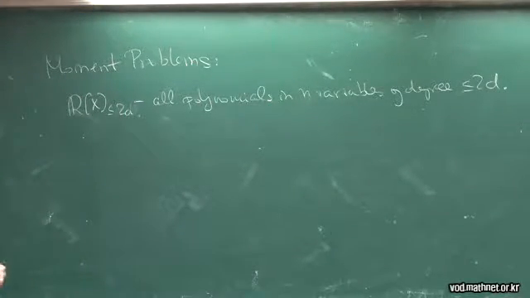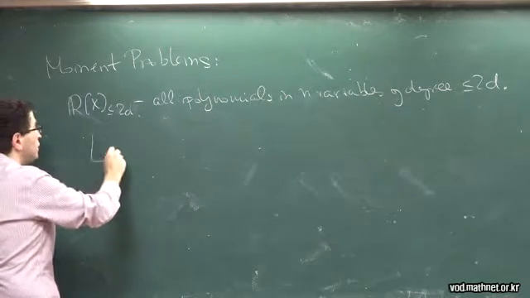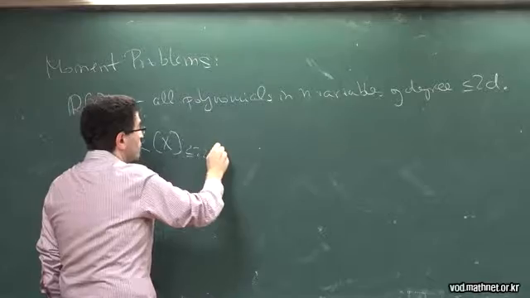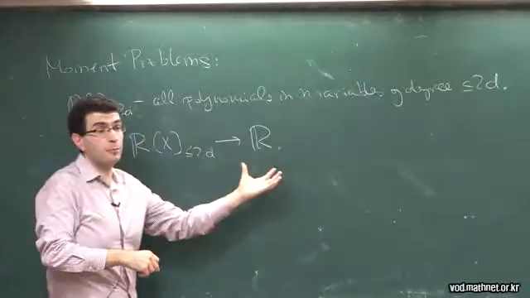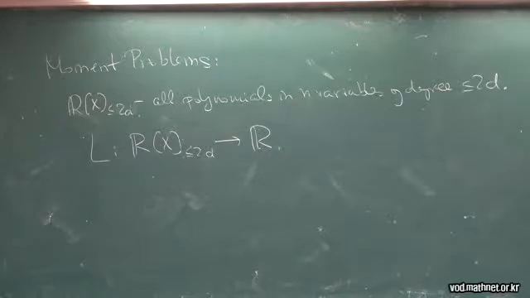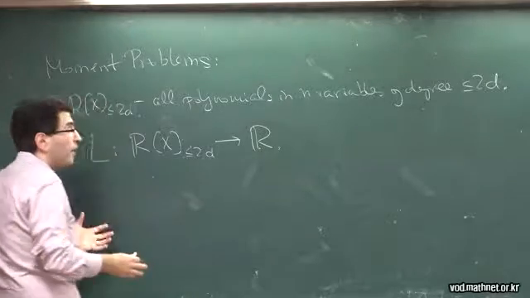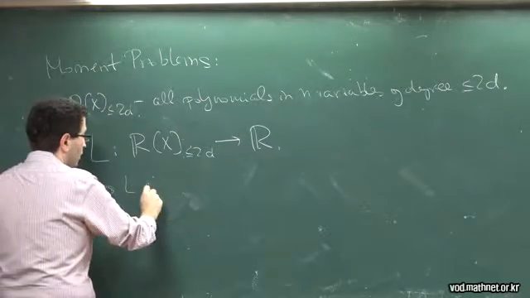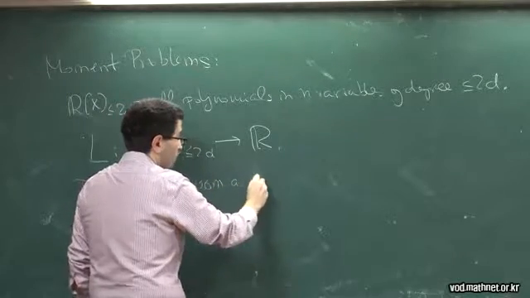Okay. So now the question that we will want to answer is like this. Let's say that I give you a linear functional L on this vector space. It's a linear thing that eats a polynomial and gives me a number. And what one might wonder is, does L come from a measure?